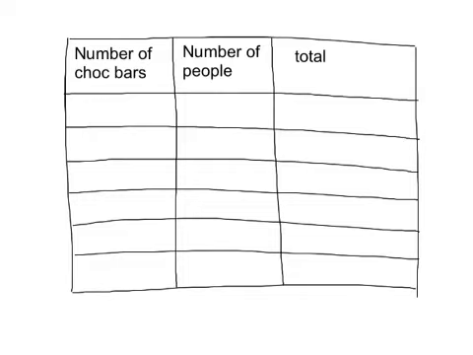Once you've got your chart drawn, you need to fill in the number of chocolate bars that people have eaten. So some people haven't had any chocolate bars, some have had 1, some have had 2, some have had 3, and some have had 4.